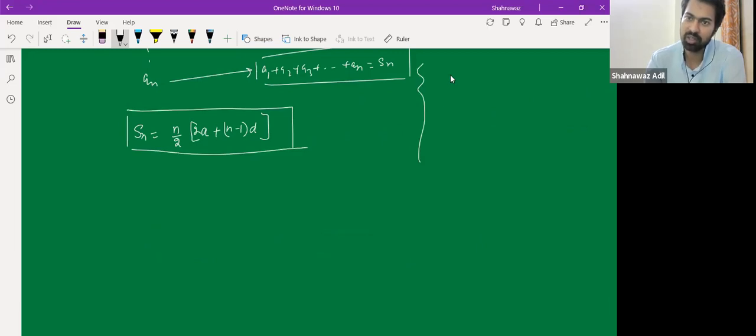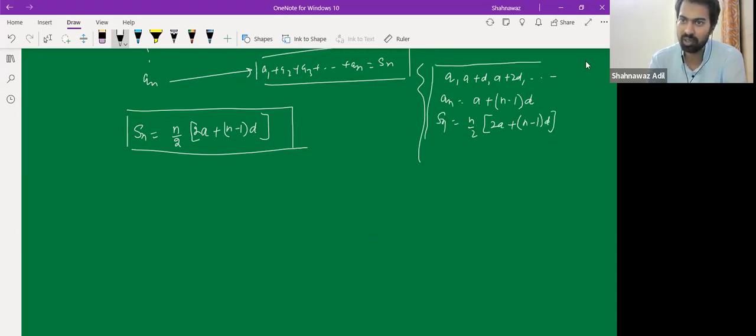One is the general form, which is a, a plus d, a plus 2d, and so on. Then we have an, which is a plus n minus 1 into d. And then we have the sum to n terms, n by 2 into 2a plus n minus 1 into d. We have to remember all these three formulas, and then we'll be able to solve any problem of it.